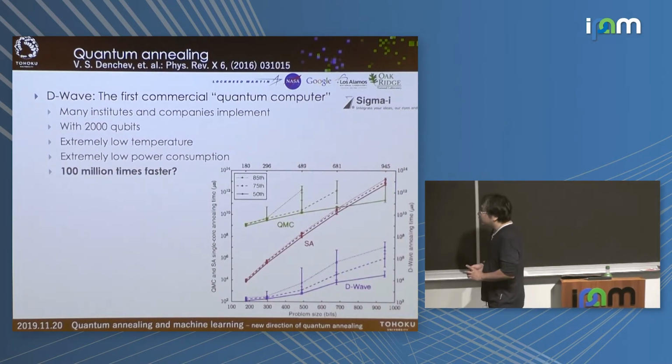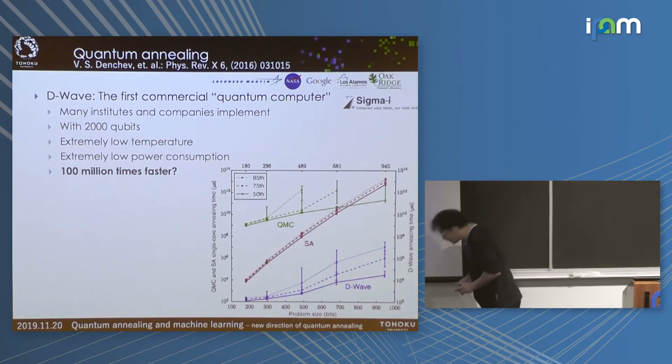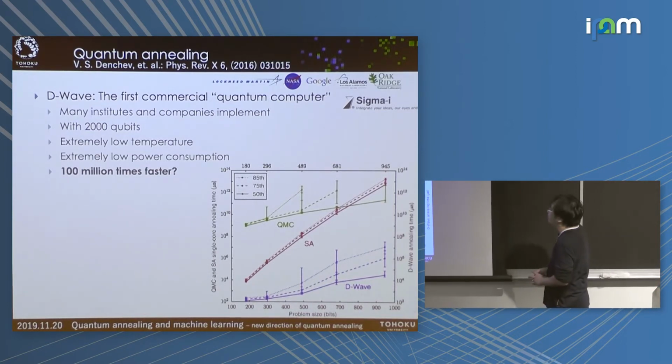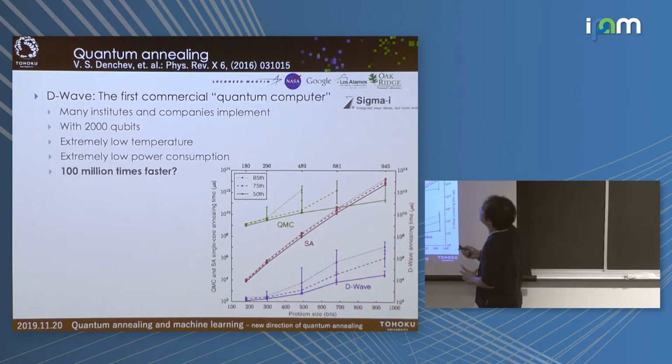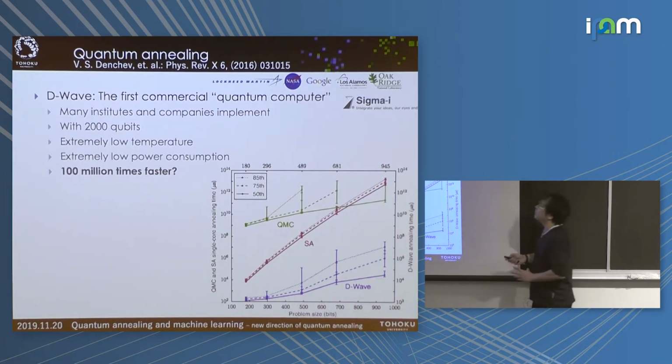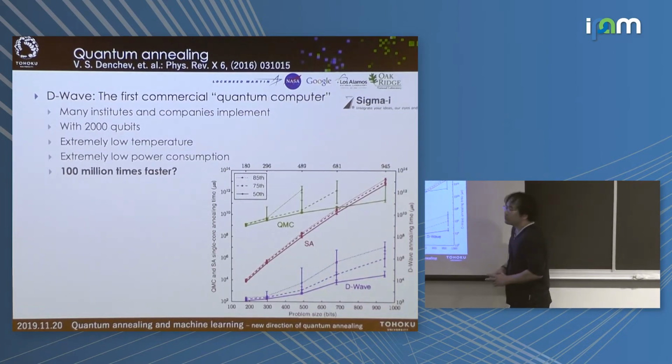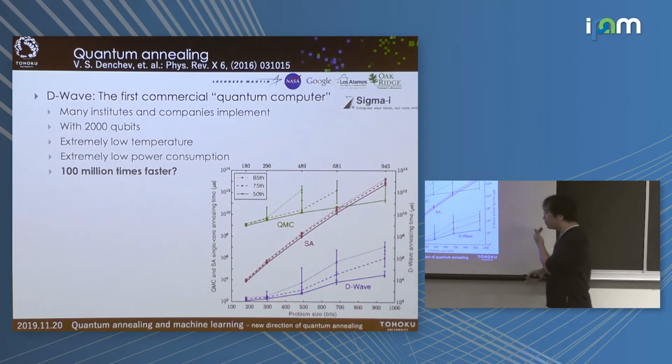So this is one example of a benchmark. That was in 2016, and a collaboration was done by NASA and Google for solving some optimization problem.